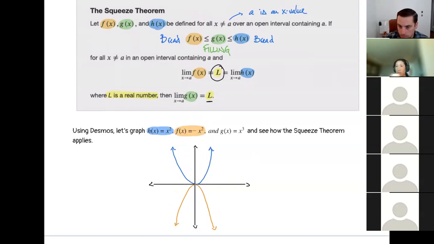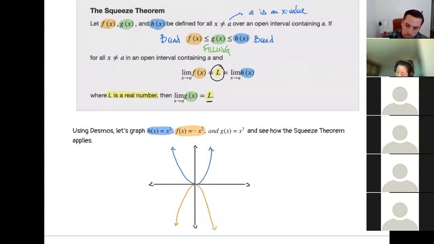When we look at this, we'll notice the blue parabola always has a bigger y value than the orange parabola, except where? Where are those two not necessarily greater than? Yeah, at x equals 0, they're actually exactly at the same place, okay?